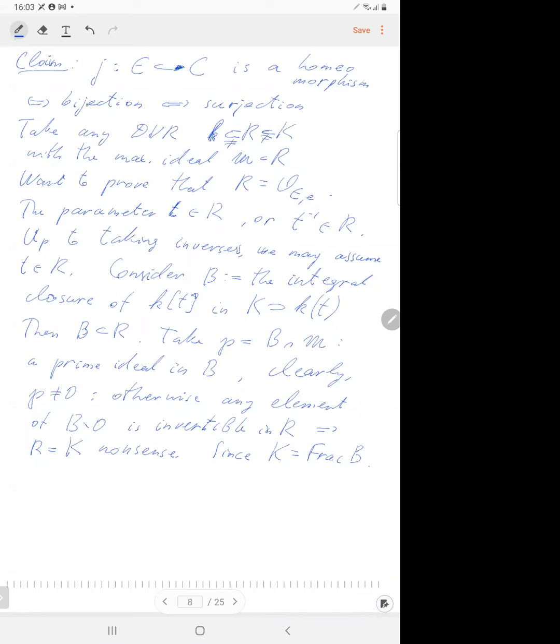Okay, so now where were we? We know that B is the ring of functions on the open set U, where U is the pre-image of A1 inside P1 in E. I mean, E was the normalization.